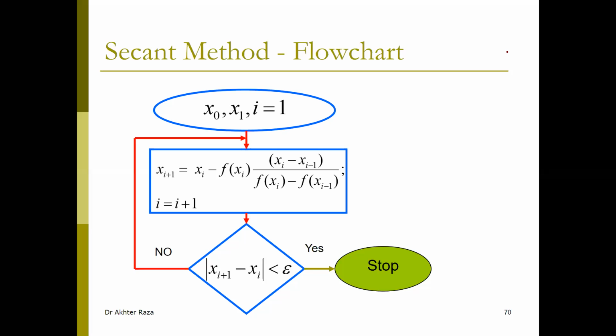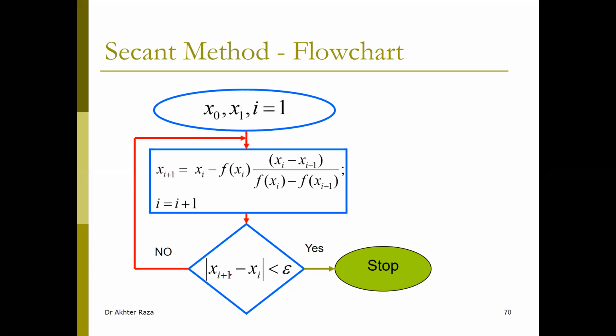So in this slide, we have the algorithm of the secant method in the form of a flowchart. The initial guesses x0 and x1 are there, the initial iteration is 1, and then i is equal to i plus 1. The value of x2 can be calculated by the formula of the secant method.